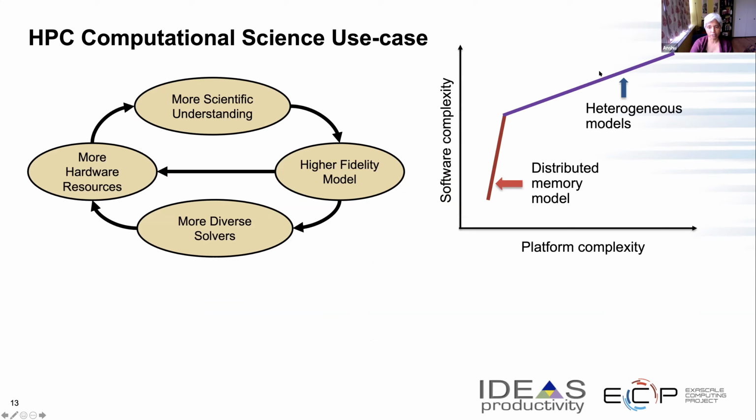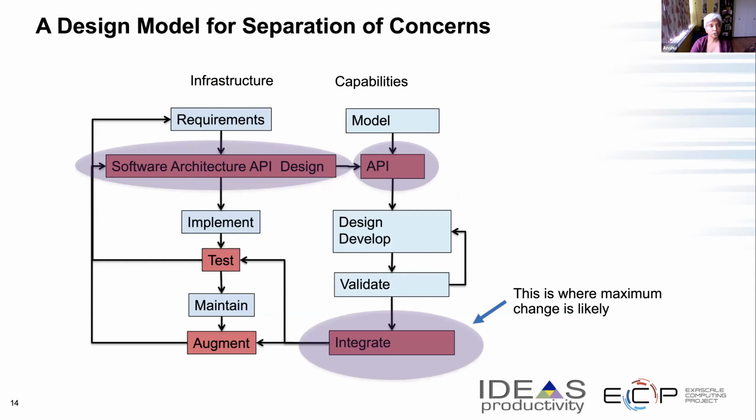But now what is happening is we are in this mode where heterogeneous models have arrived, so we need to reconsider how we are doing the design. So the question is, does the whole design process change fundamentally? And the answer is no. If we have taken care to do this separation of concerns, then the actual changes can be limited to the portions in this figure that are surrounded by the purple ellipses.